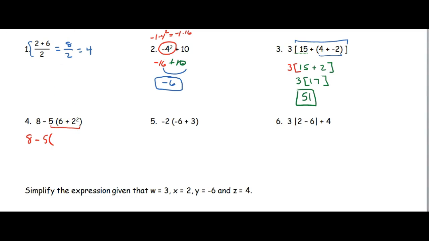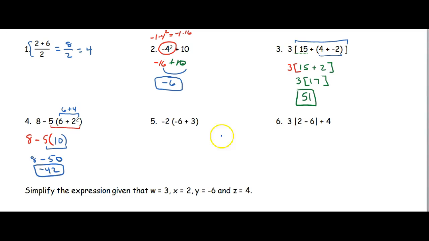When we evaluate inside the parentheses, first thing you have to do is 2 squared, which is 4. So now 6 plus 4 gives us 10, so 5 times 10. Now again, we have to do this multiplication before the subtraction. So 8 minus 50 gives you -42.